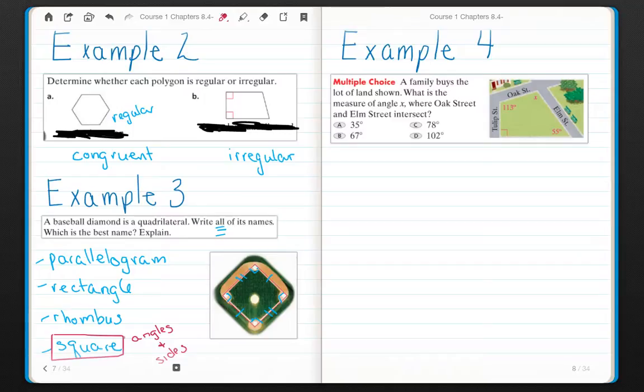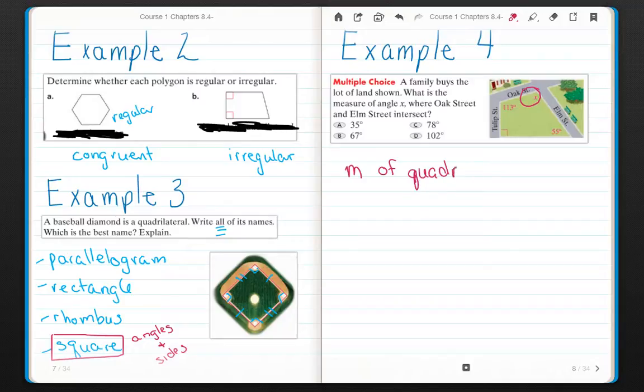All right, example 4. A family buys the lot of land shown. What is the measure of angle X where Oak Street and Elm Street intersect? So we are looking for this right here. Well, in any parallelogram, the measure of a quadrilateral is 360 degrees.